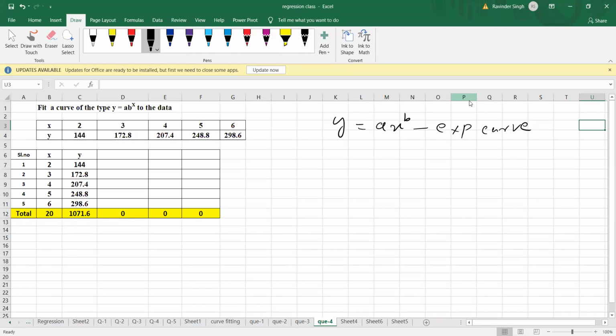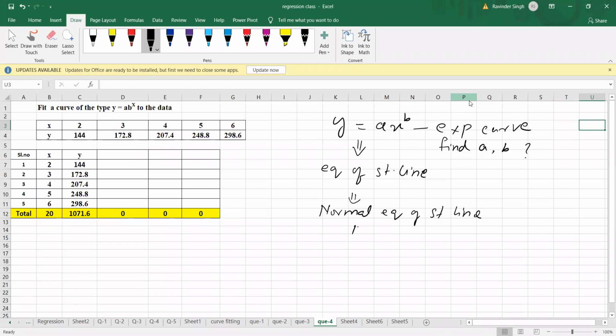So in this exponential curve also you have to find the value of a and b. But the question is how we have to find it. Always remember that any kind of exponential curve you have, first convert it to the equation of a straight line, and then you write the normal equation of the straight line which you fit.